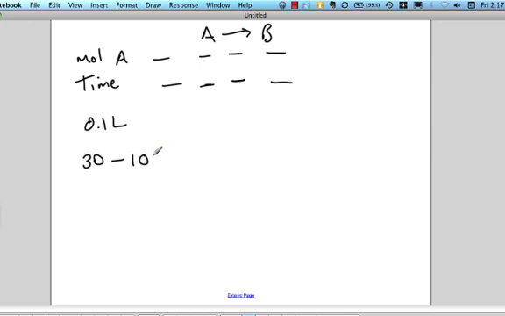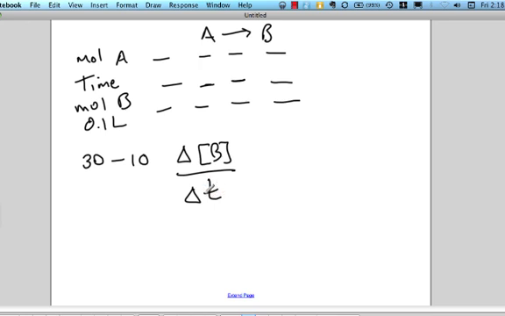Well, in A and B of this question, you would have gotten your change in concentrations of A, and you would have gotten your change in concentrations of B, which is what we did in class. So what you want for C is the change in concentration of B over the change in time. And that time is between 10 and 30, between those two pieces of data.